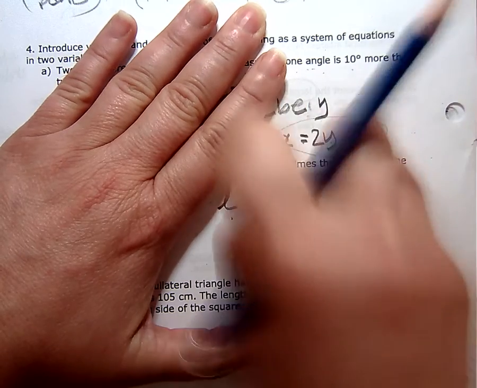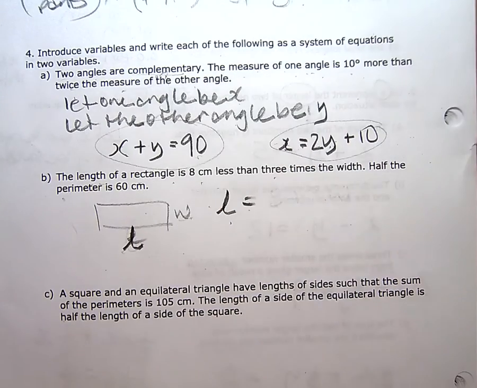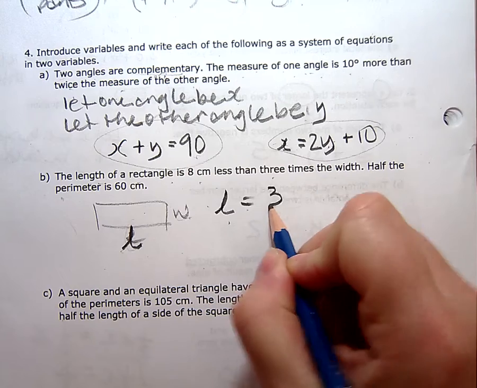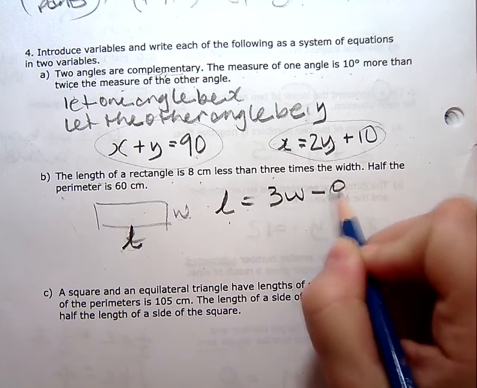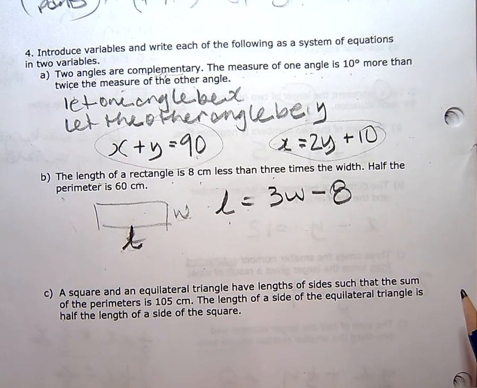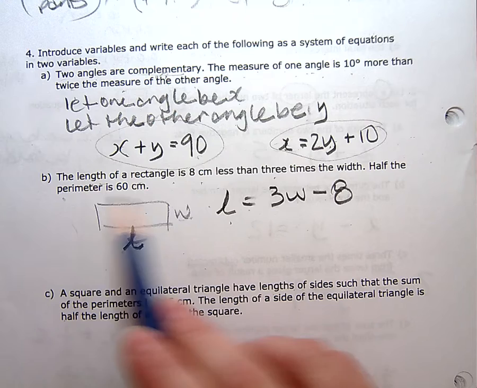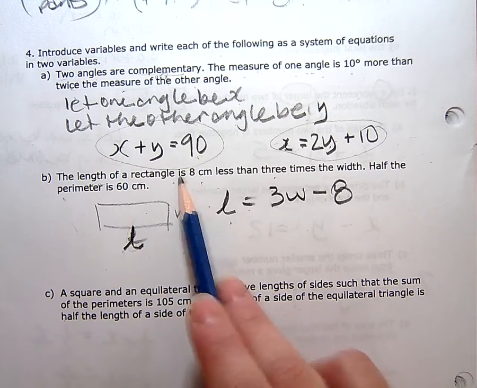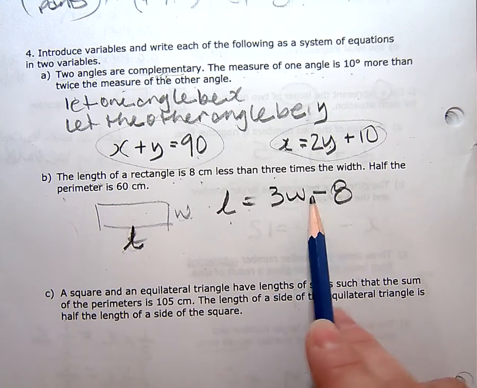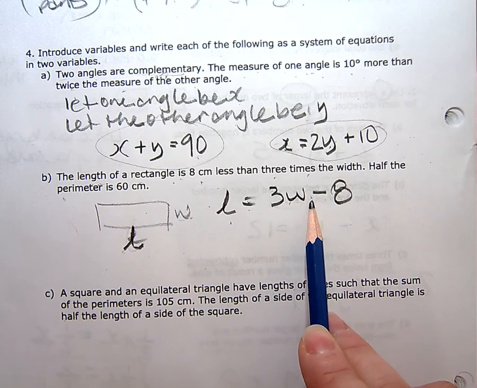I purposely did this incorrectly because I want you to see that you can just write stuff down, and when you talk it through, you can find where you went wrong, and that's the beauty of math. I've got all these years of university math and I'm still using pencils and erasers. So let's make sure this is right: the length is 8 less than 3 times the width.